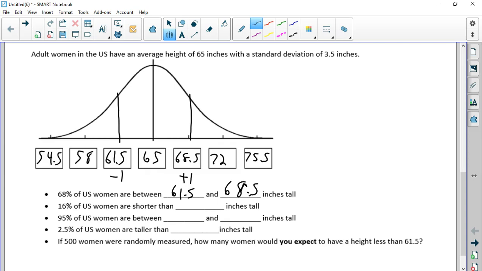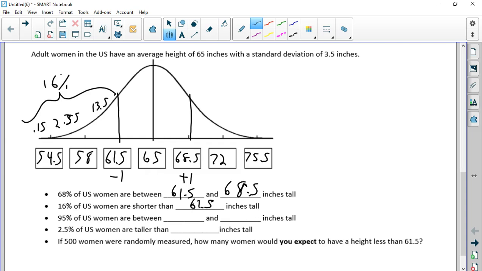Okay, well, let's look at this. 16%, remember, we have 0.15 here, 2.35 here, and 13.5 here. If you add all those up, you get 16%. So from here to here is 16%. In other words, 16% of the women are shorter than 61.5.